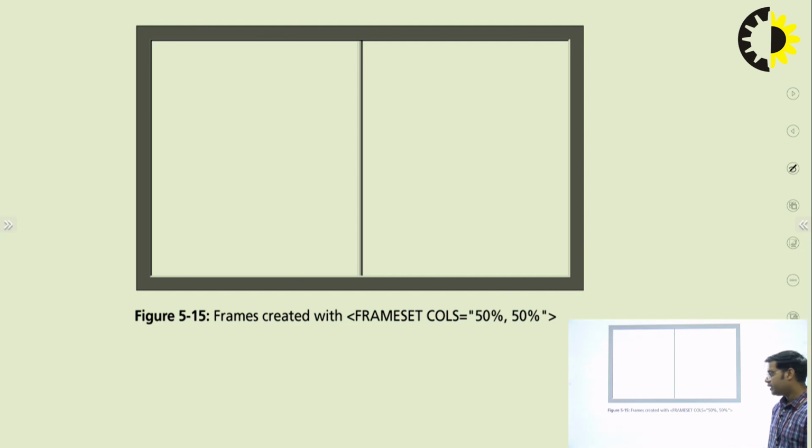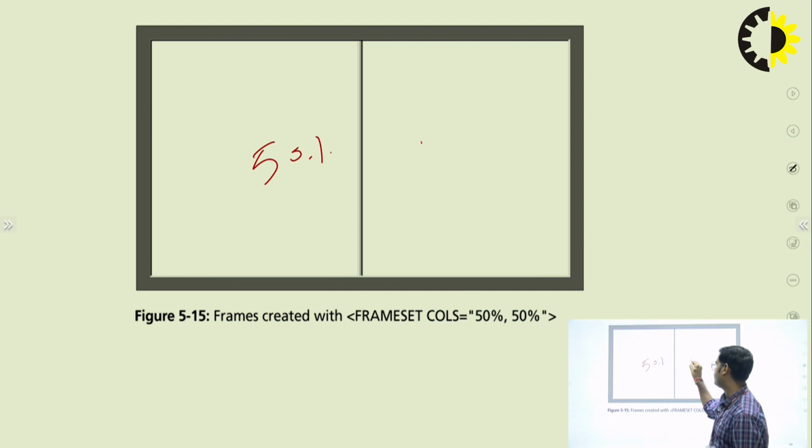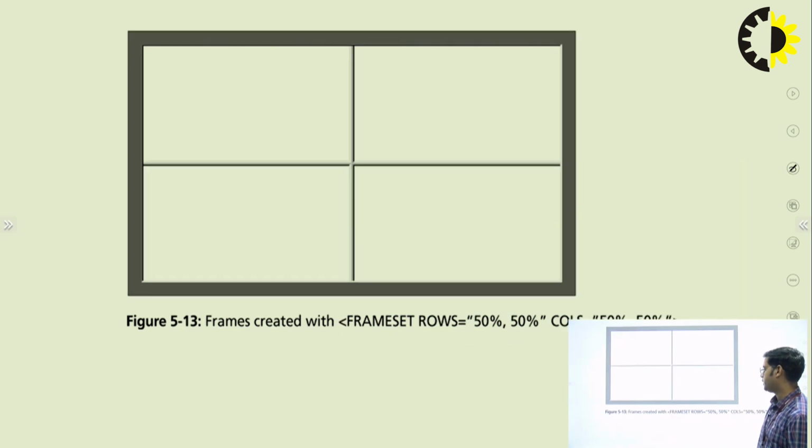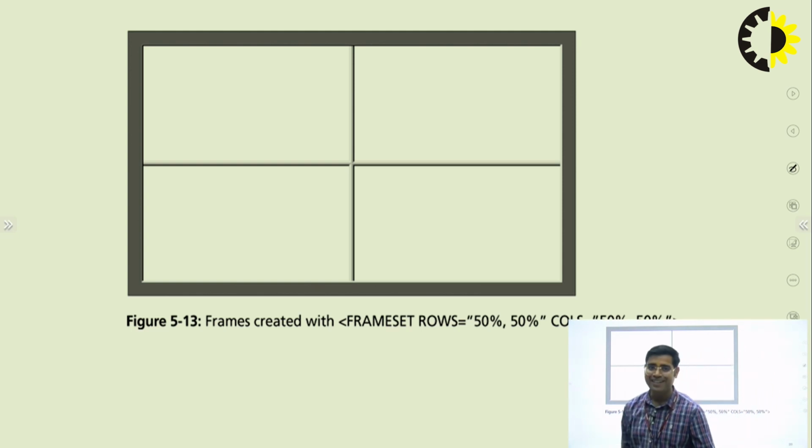Here is another example of column wise, we divided our browser screen column wise. So 50 by 50 column wise. So the command is the frame set cols 50 by 50. Here we use the combination of rows and columns.